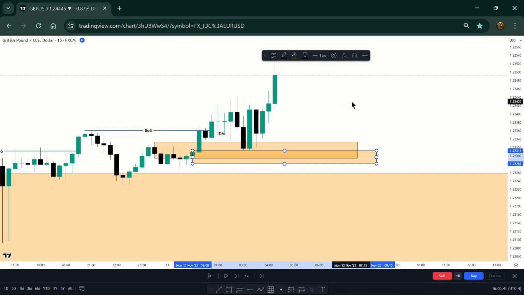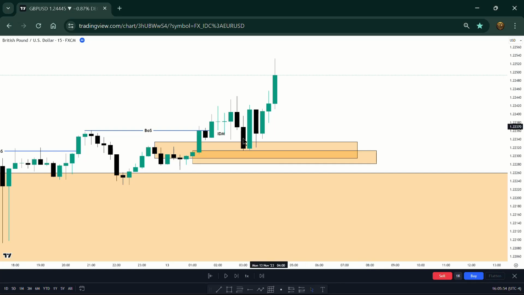So here you have two different traders. You have a trader that may be a bit advanced, I should say, and then maybe some of you who just know the general order blocks.